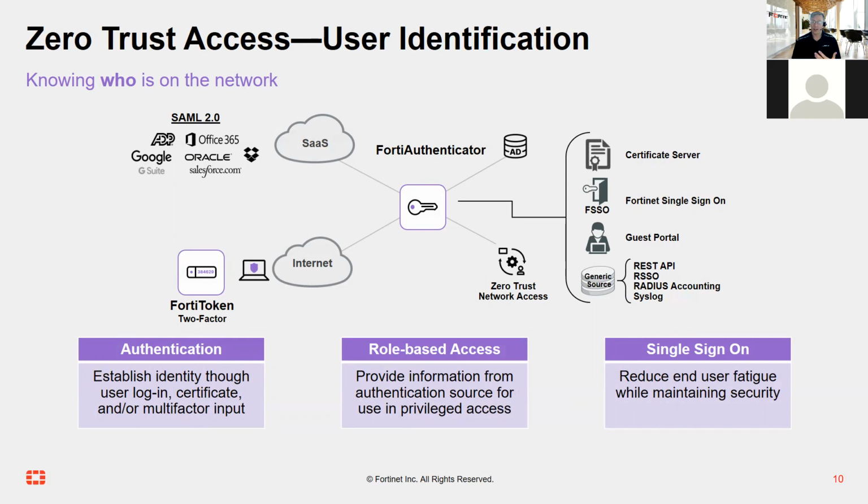For that ongoing verification, we can trigger a two-factor sign-in depending on what type of application a user is trying to authenticate against and use. So that is, again, the element of zero trust, of that ongoing verification. So with FortiAuthenticator and FortiToken, you have both ongoing verification and minimal access granted as a part of those zero trust principles.